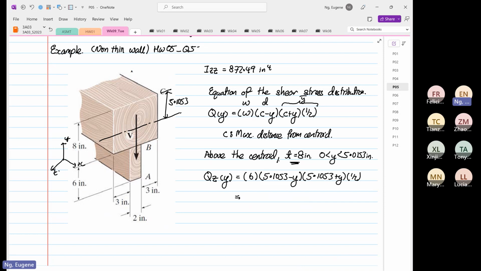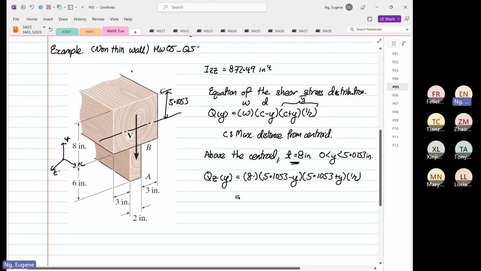So 5.1053 squared times 6 times 0.5 is 78 point... No, the width is not 6, Eugene. The width is 8.